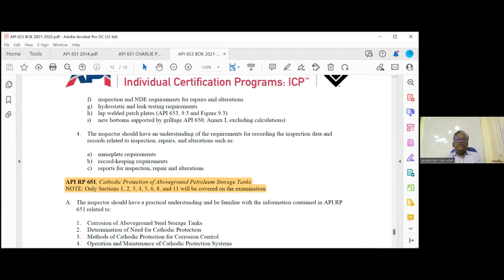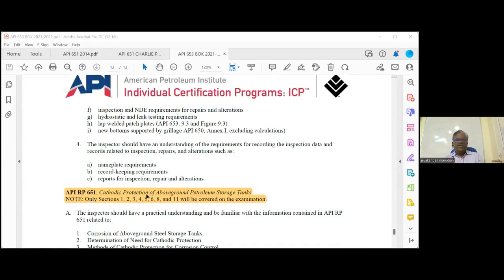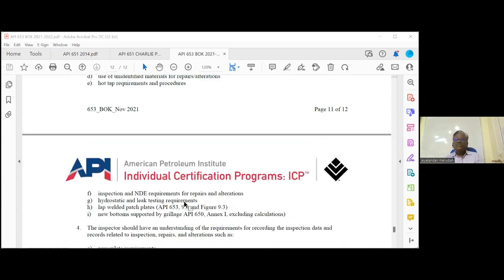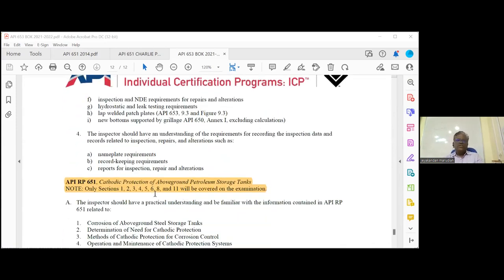In our body of knowledge, you can see 651 cathodic protection of aboveground storage tanks: only sections 1, 2, 3, 4, 5, 6, 8, and 11 will be covered on the examination, which is on page number 12.